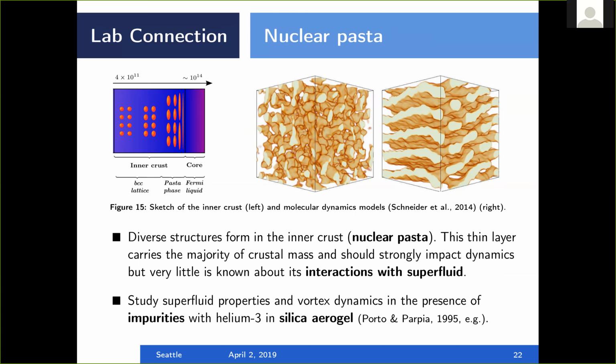It's a very porous structure where, if you have just a few percent of free space, you can create a superfluid phase of helium in it, and people have started to study what's going on with the superfluid in there. That's the closest thing I can think of to studying this in a laboratory setup that's close to the pasta phase.